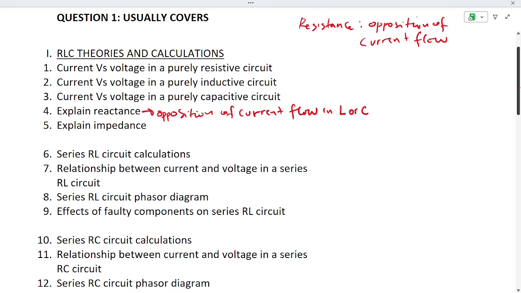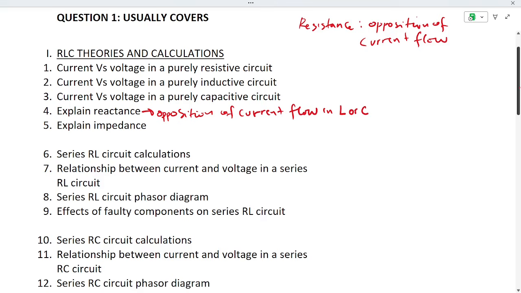If they ask you reactance in general, it is the opposition of current flow in an inductive circuit or in a capacitive circuit. If they specify what is capacitive reactance, then they've specifically asked you about a given circuit.